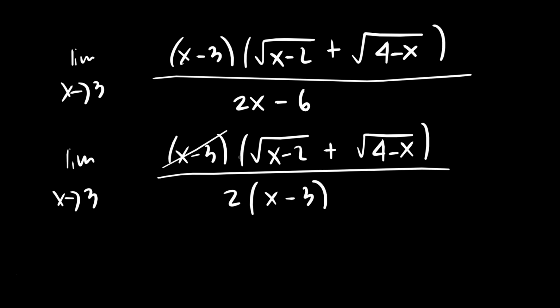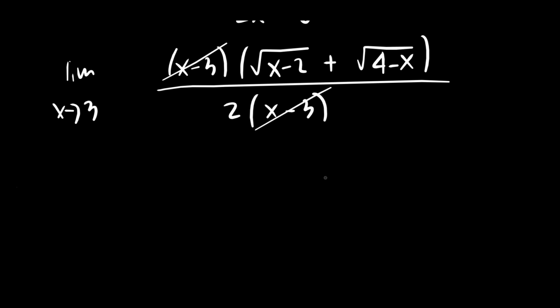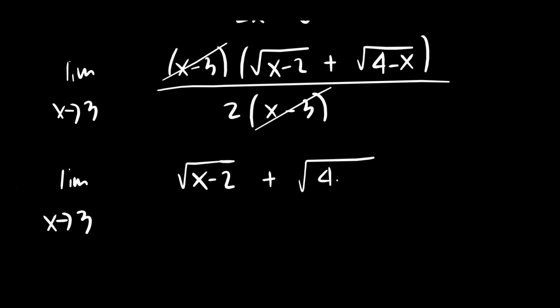So we'll cancel x minus 3 in both numerator and denominator. So we'll have the limit as x approaches 3, and the remaining will be square root of x minus 2 plus square root of 4 minus x all over 2.